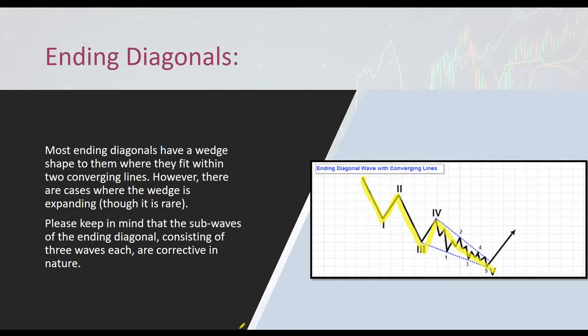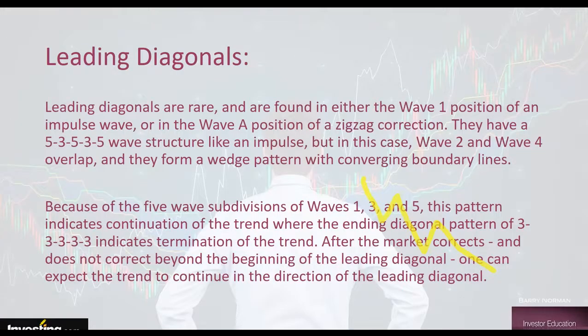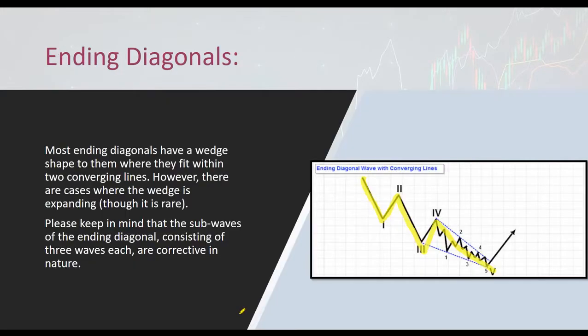In this case, we are already in the completion wave of wave 1, wave 2, wave 3, and we're coming down to wave 4, and this is the subwave within that subwave, and then this is the smaller wave within this larger wave.